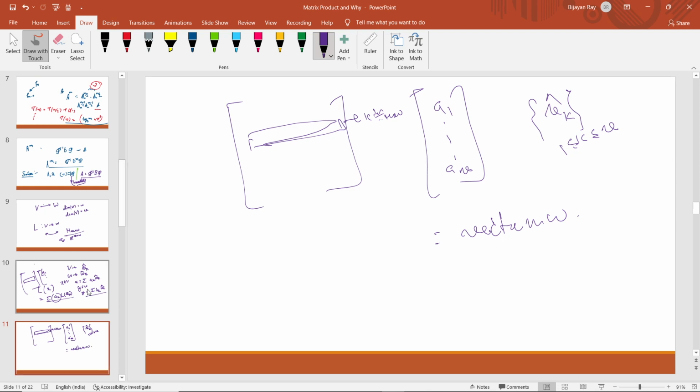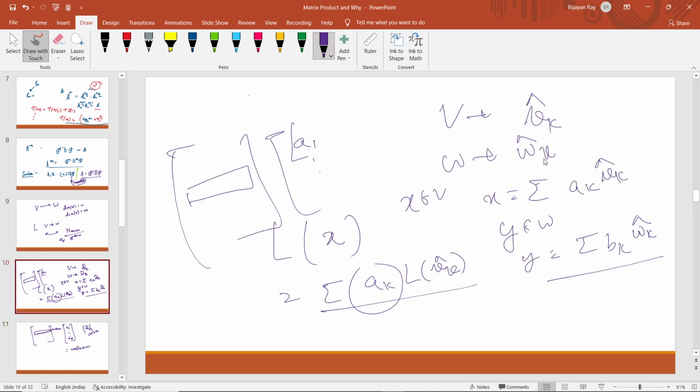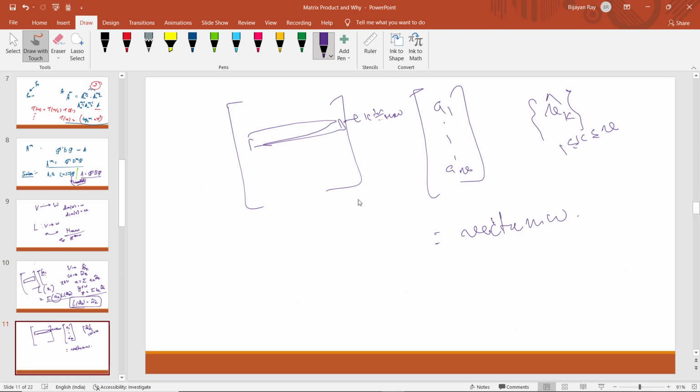Now the W basis I've chosen is pretty specific, that is L vk cap equal to wk cap. So this is a pretty specific choice. Wait a second.